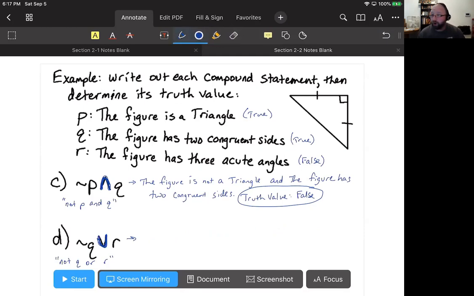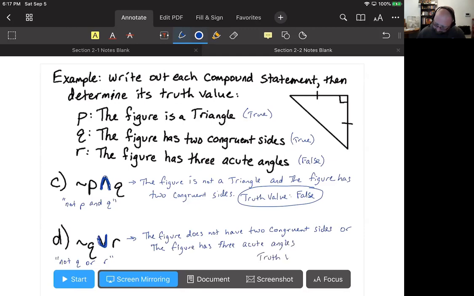Sorry, that was not R, not Q. So let's try that again. Not Q would be the figure does not have 2 congruent sides or R, which is the figure has 3 acute angles.